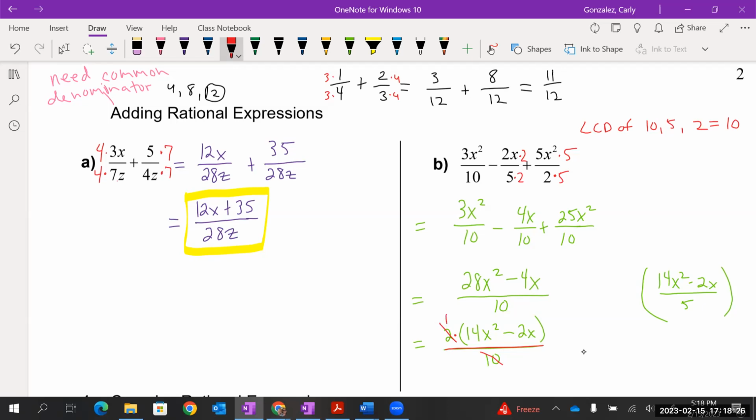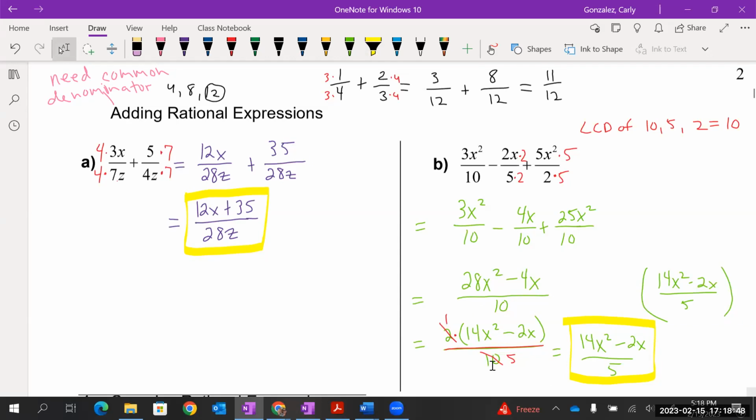So 2 divided by 2 is 1, and 10 divided by 2 is 5. And there we will get our final answer of 14x squared minus 2x all over 5. And notice that was the same as our shortcut that we did as well. So it's up to you.